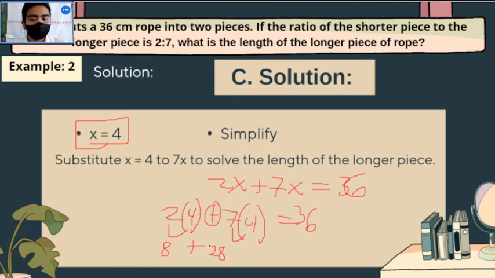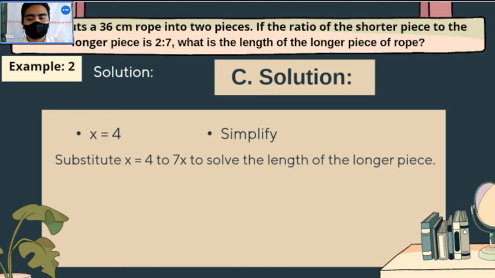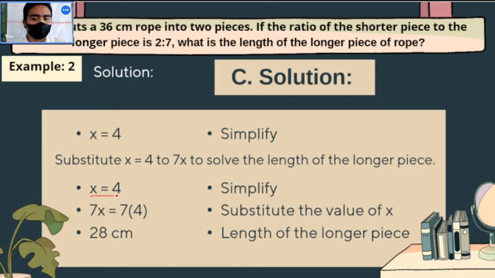And with that, 8 plus 28, the answer is 36. So, are they equal? Yes, they are equal. Or you could simply state in this form that x is equal to 4.